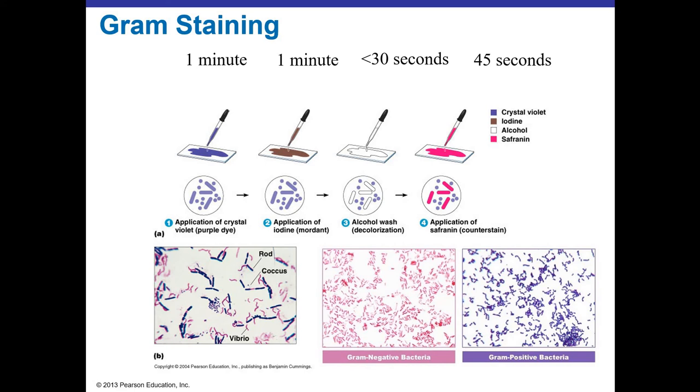When we want to then visualize, we can't see that colorless cell, so we apply a second dye or the counterstain, in this case using safranin, which is a bright red color. So in the end, gram-positive bacteria are going to be a bluish purple color, and gram-negative bacteria are going to be red.